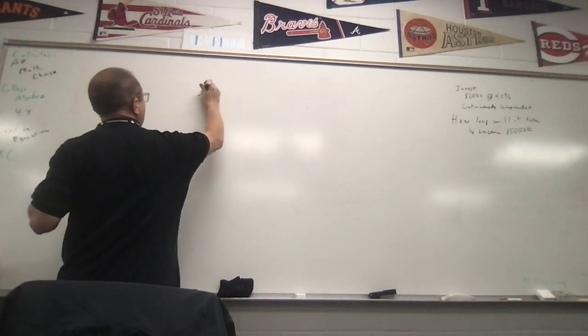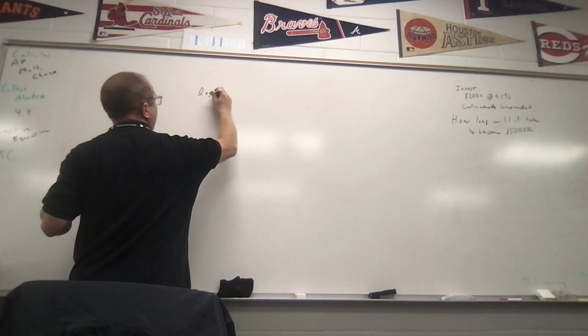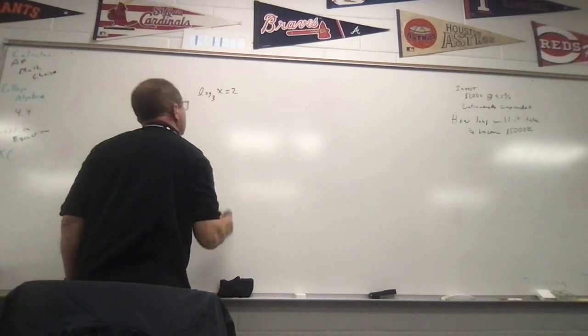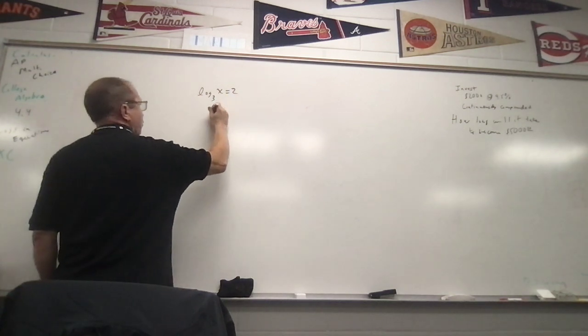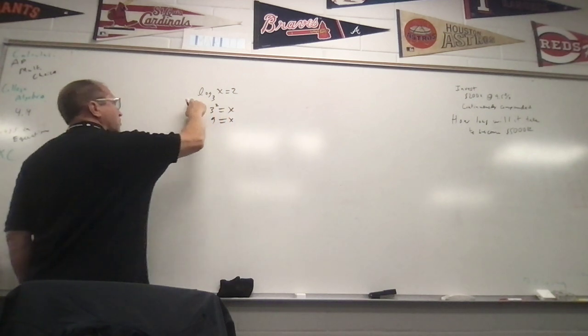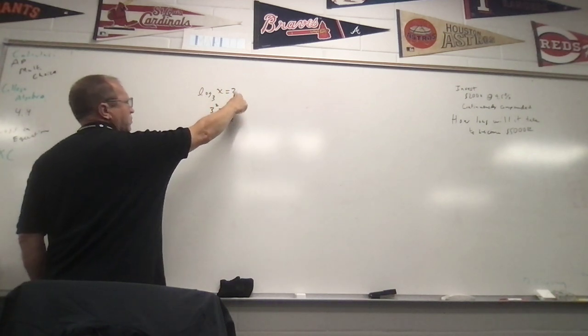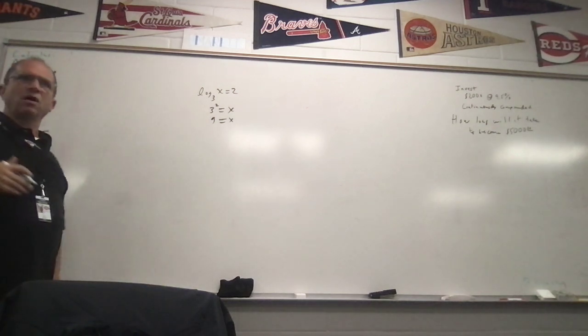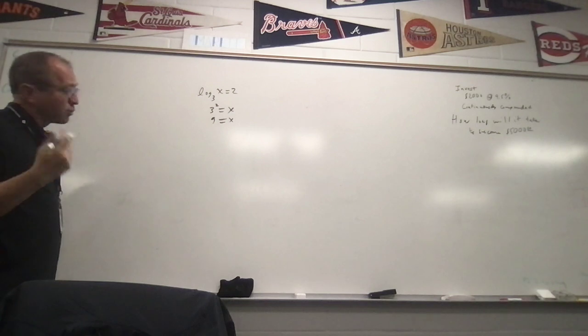Like, let's say we work an equation and we end up with the log base 3 of x equals 2. Well, that means that 3 squared would equal x, so x would equal 9. In other words, you take a single logarithm equal to a number and you write it in exponential form to solve it out. That's one method.